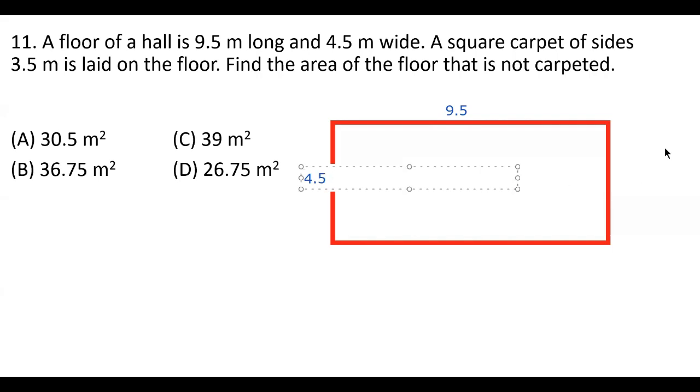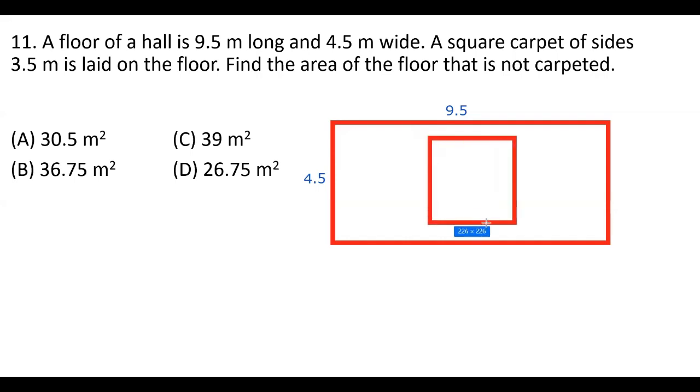Inside the hall, we have a square carpet. Let's say this is the square carpet, and each side of the square carpet would be 3.5. So basically, we need to find the area of this part, which is not carpeted.